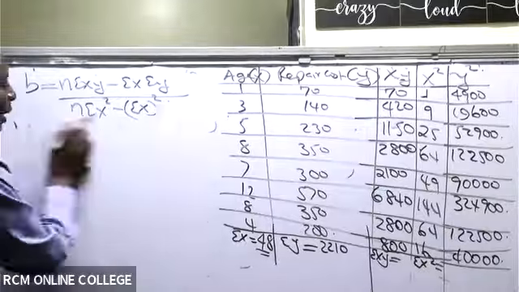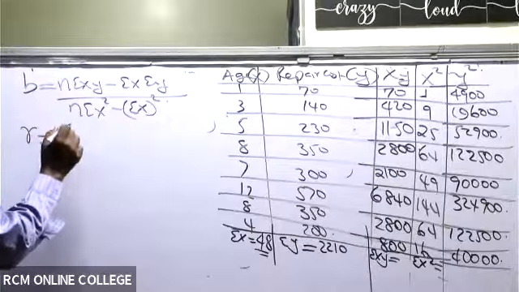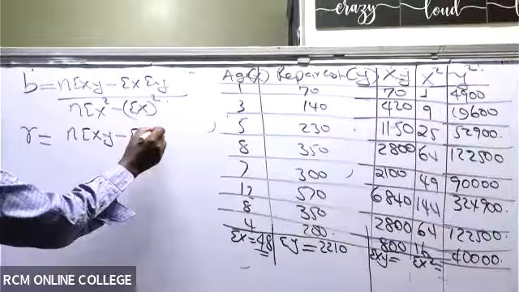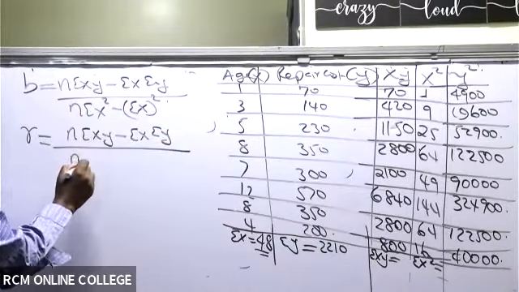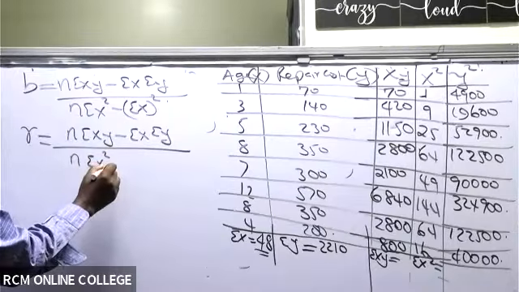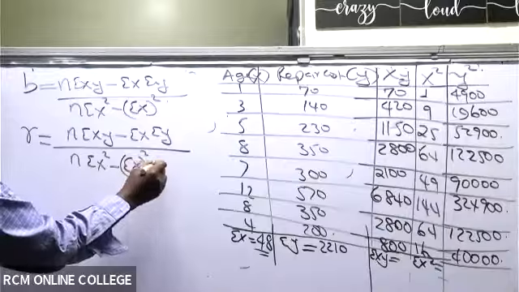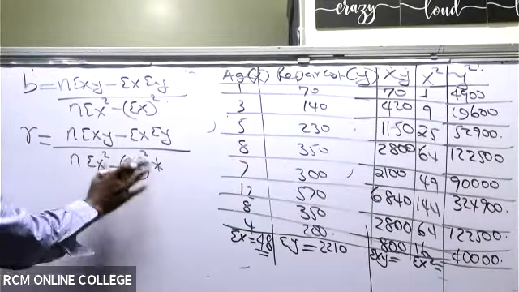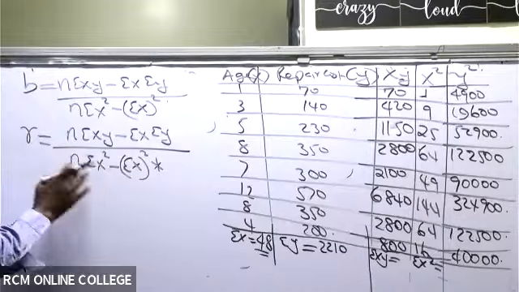To be able to get our r, this is normally what we do. The numerators will be the same: n summations of xy minus summation of x, summation of y, all over n summations of x squared minus summation of x squared, times the same style but now we replace with y, because you are correlating two.